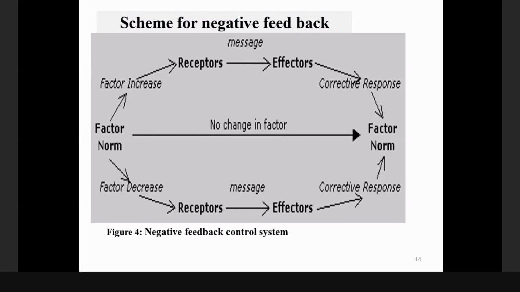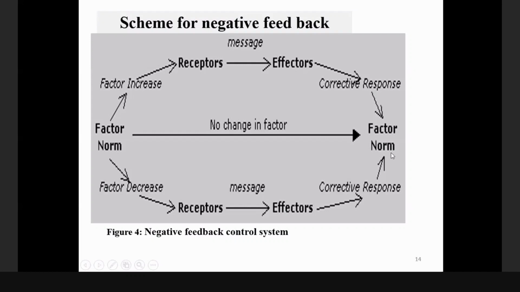That should be detected by receptors or integrators. The receptors send a message to the comparator, and the comparator compares the set point, or the normal value, with the changed value. Then an appropriate response is made in the effectors. The effectors are structures in the body where the response is made. Then correction is made, and your body temperature is returned to normal.